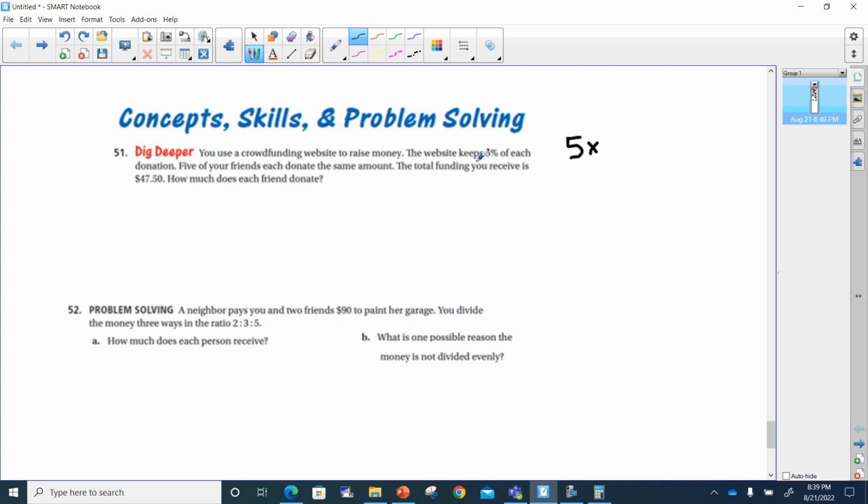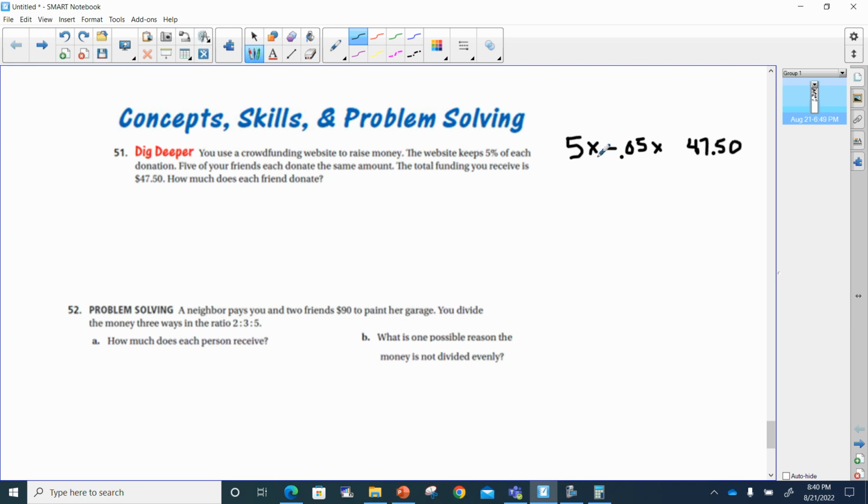The total funding you receive is $47.50. So this was the amount, and this is going to be subtracting 5%, right? So subtracting, when I move that back, 0.05x, right?